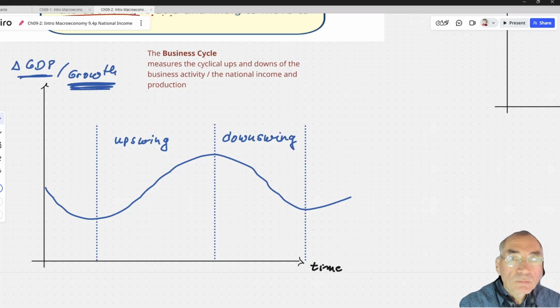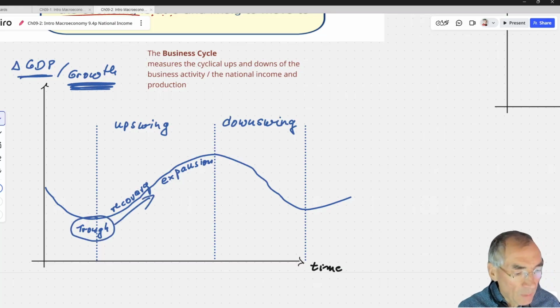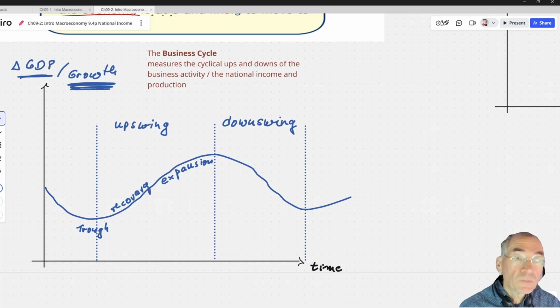Within these general periods, we typically differentiate 4 phases. It starts when the economy is down. Some people call it a trough, but let's say here we talk about a recovery as the first phase. We come out of the trough and it goes upward, followed by a phase that we call expansion until we reach the summit.